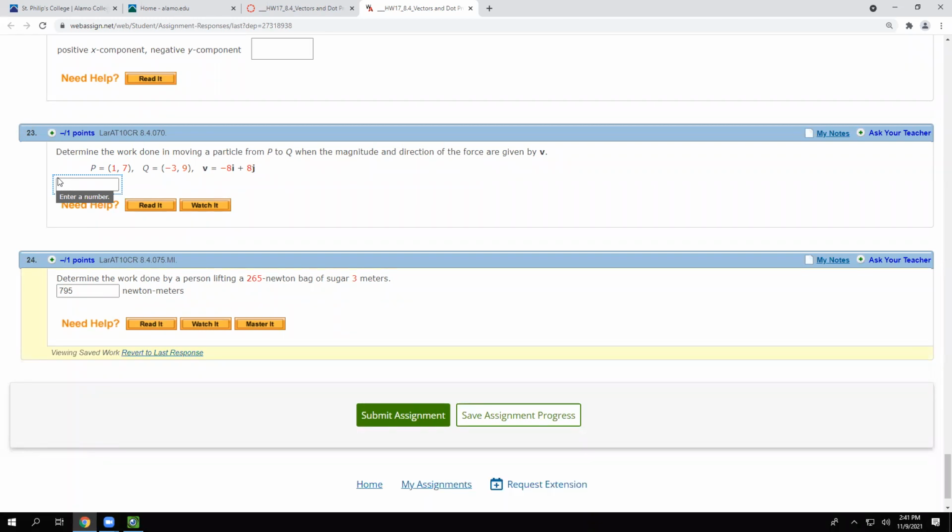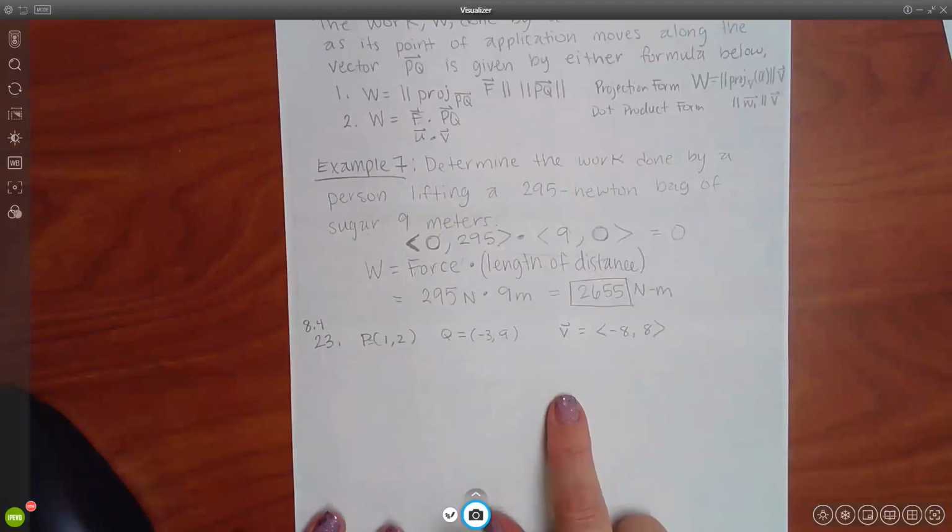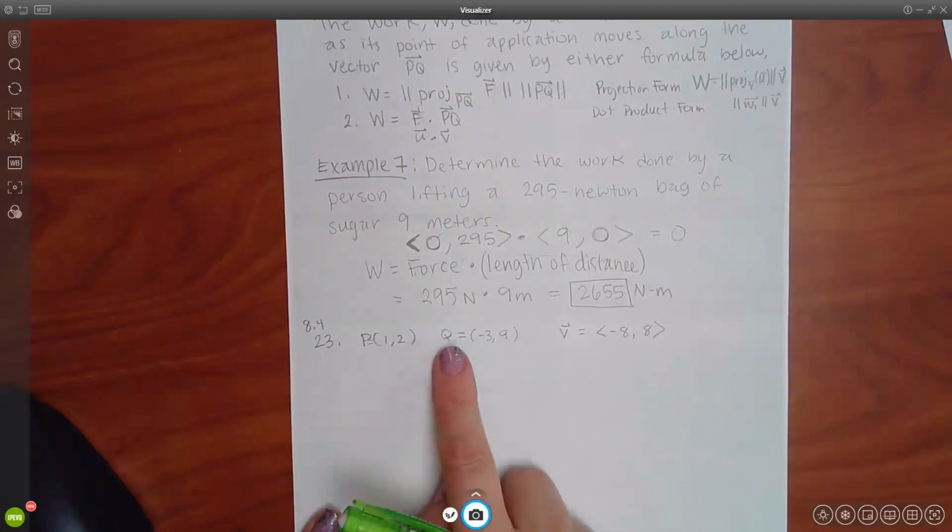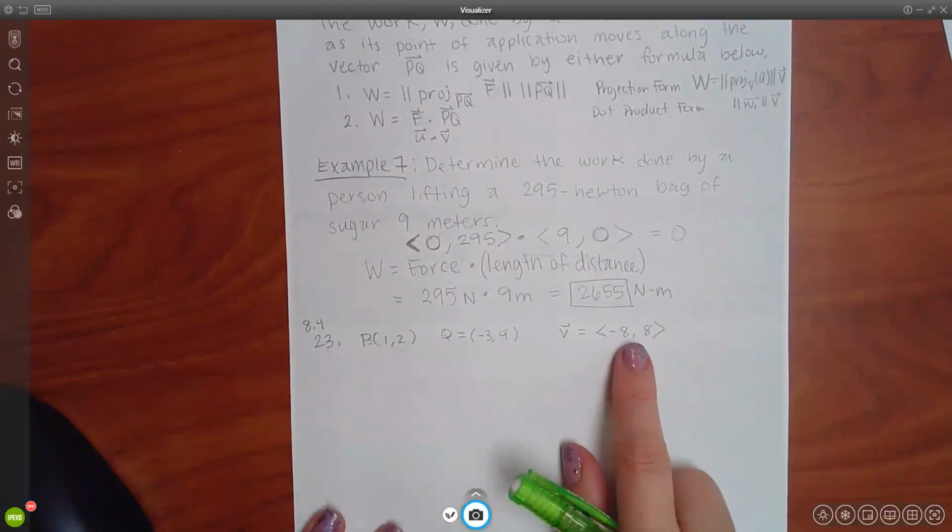P is this. Q is this. And then it says V is, and I'm going to write it in its component form, -8 and +8. So I just picked that data, right? P was this point, Q is this point, and then the V, I put it in the component form instead of the IJ form.